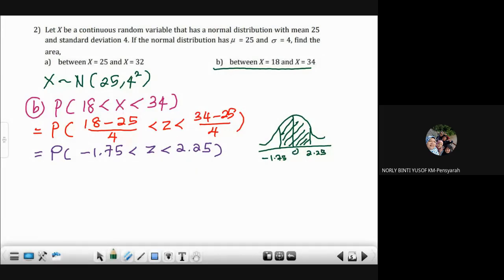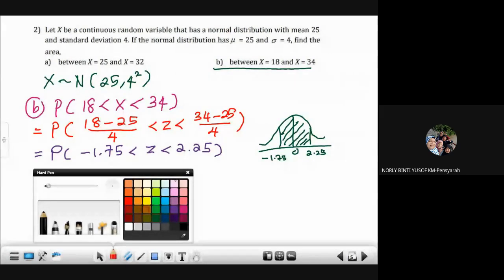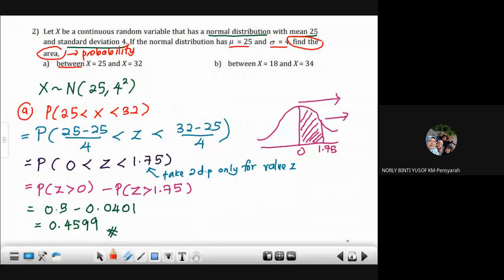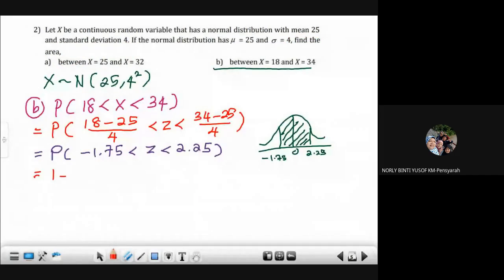The region crosses the mean line at zero, so you take the total probability, 1 minus the right tail greater than 2.25, minus the left tail. The left tail is lesser, but its region is the same as the region greater than 1.75, because of symmetry.